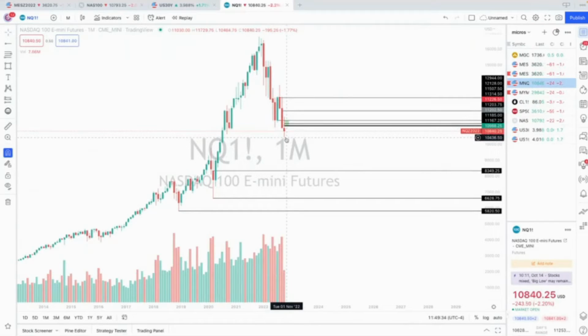And, I guess technically, I don't know what percentage of a pullback dictates a market crash or a recession, but I know that getting down here would be well over 50% retracement from the high. So from a technical perspective, we I guess are in a market crash, or that's really what I'm projecting.